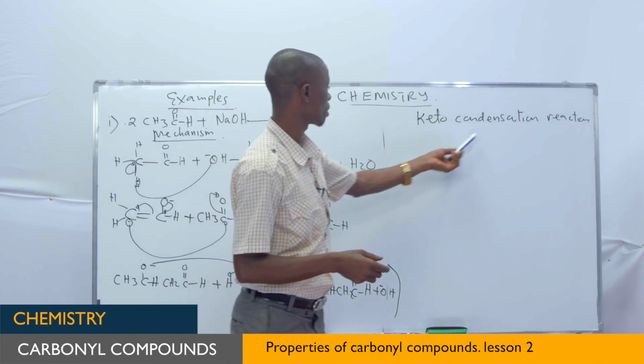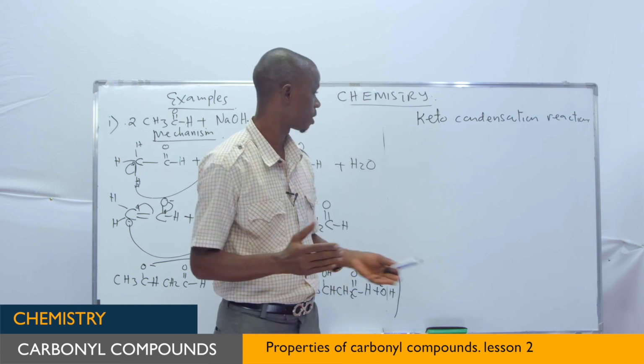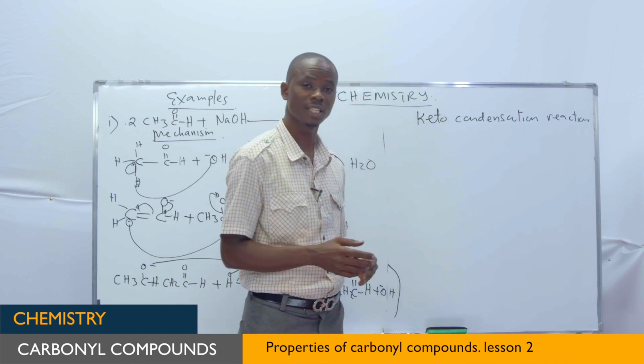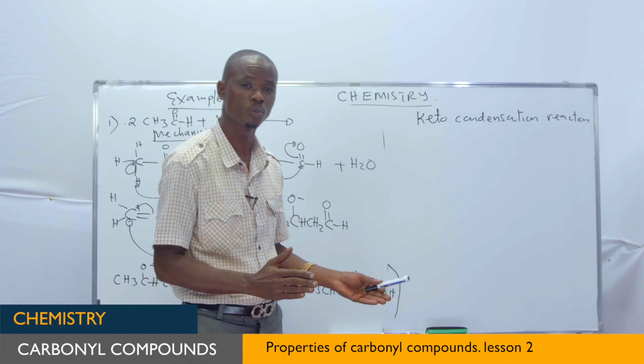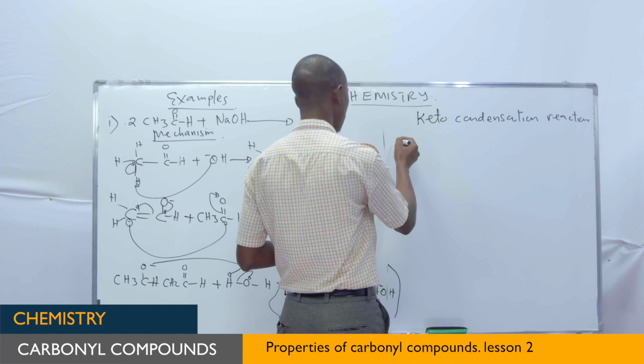When we talk about keto condensation reaction, that means ketones with alpha hydrogen atoms are the ones involved. They react with alkaline solution, that is sodium hydroxide, to give the compound which contains both a hydroxyl group and a carbonyl group. We can see some examples.